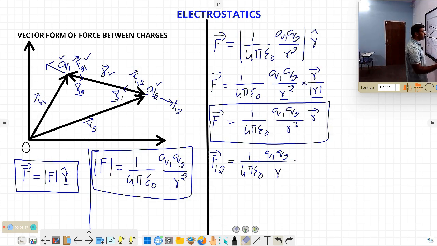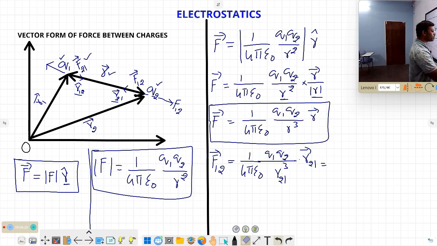That means here this is 1, this is 2. So distance is always measured from the opposite end, that means 2 to 1. This is the way you have to take r 2 to 1, whole cube. The position vector also we are taking from 2 to 1. So F12 is equal to 1 by 4 pi epsilon naught q1 q2 by r 2 to 1 whole cube into r2 minus r1.